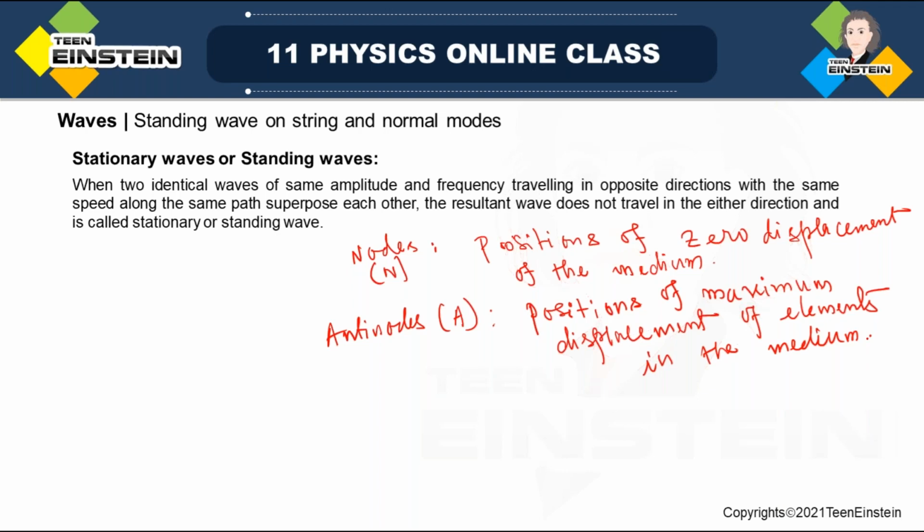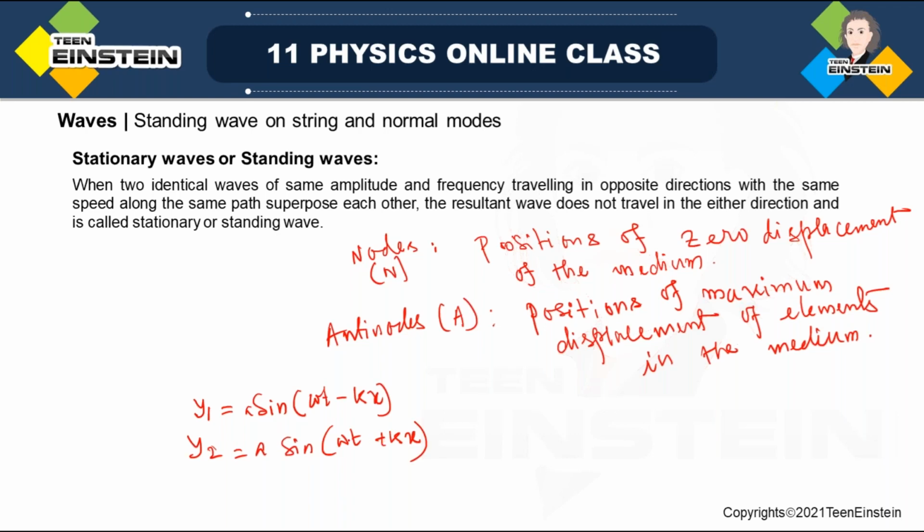So we have even learned certain conditions. If you remember the analytical treatment, we had taken two waves, a sin(omega t minus kx) and another a sin(omega t plus kx).